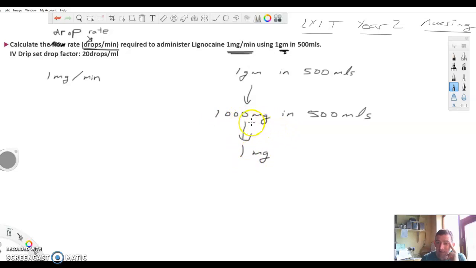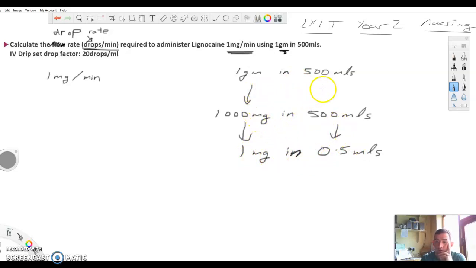And then we must also divide the 500 by 1,000, and we end up with 1 milligram in 0.5 mils. So we'll just change our rate from 1 gram in 500 mils to 1 milligram in 0.5 mils.